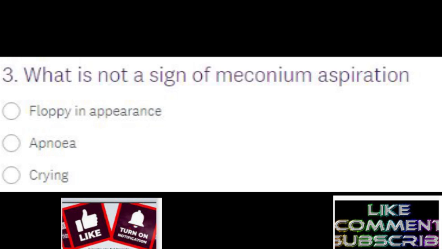I'll give you a note on it. Meconium is the first feces or stool of the newborn. Let me brief you on what meconium aspiration syndrome is. It occurs when a newborn breathes a mixture of meconium and amniotic fluid. Most newborn infants start to breathe well without assistance and often cry.